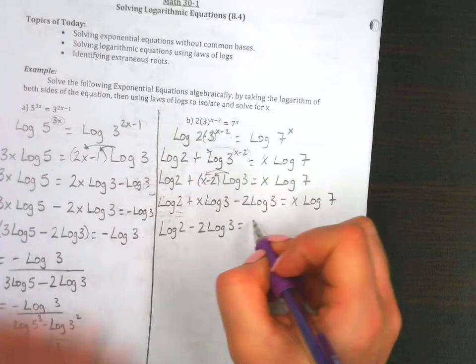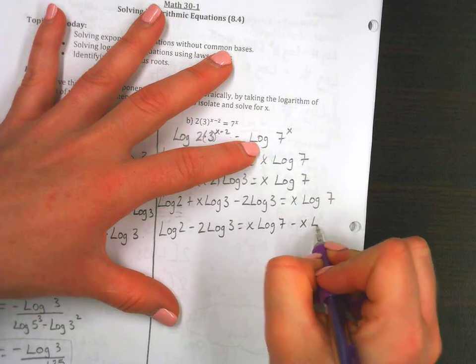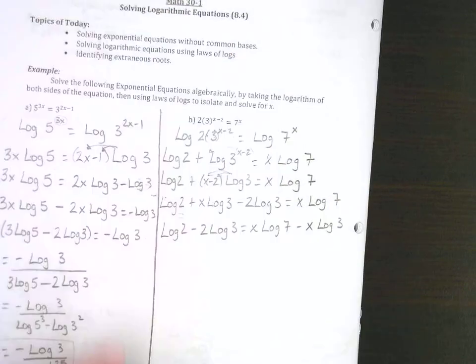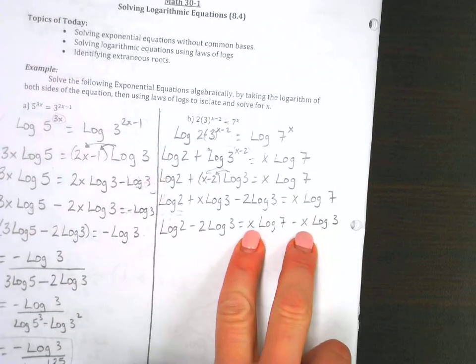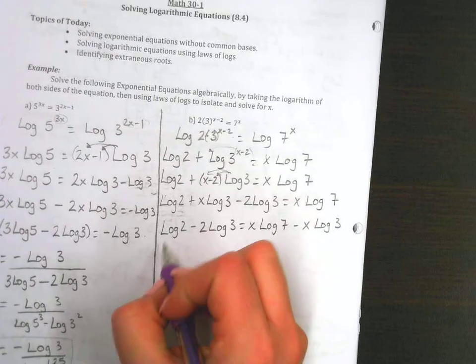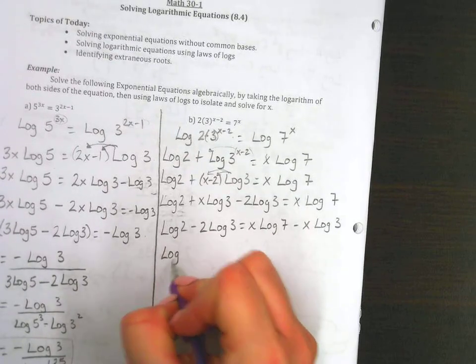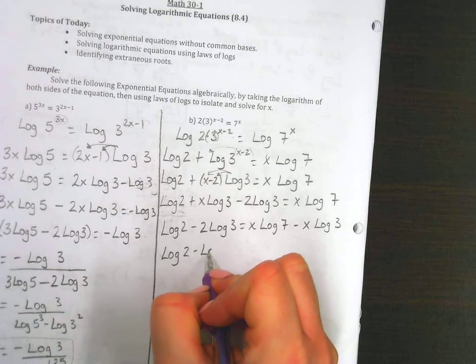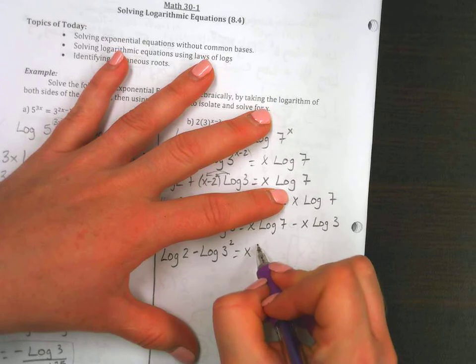So again, my next step is to isolate x, so I'm going to factor out an x. At the same time, if you wanted, you could collect these values together. So I could write this as a log 2 minus log 3 squared, factor out an x, and then technically I'm going to divide by both sides.